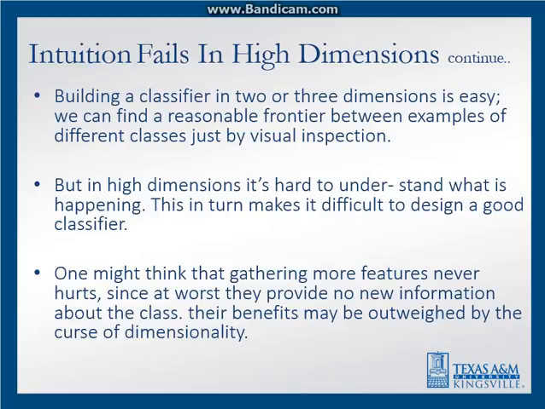But in high dimensions, it's hard to understand what is happening. This in turn makes it difficult to design a good classifier. One might think that gathering more features never hurts, since at worst they provide no new information about the class. Their benefits may be outweighed by the curse of dimensionality.